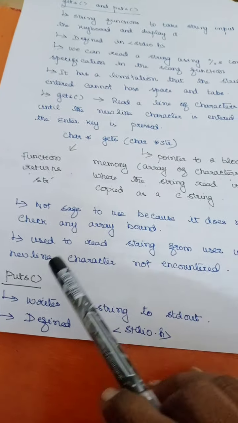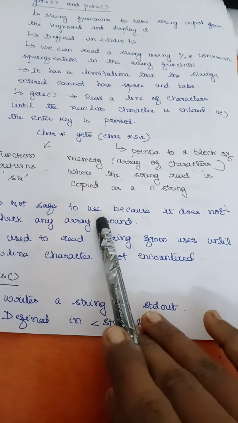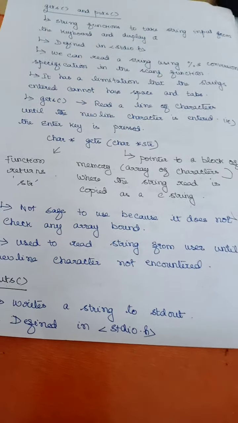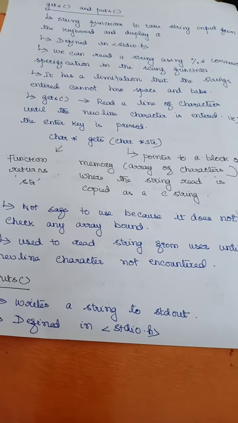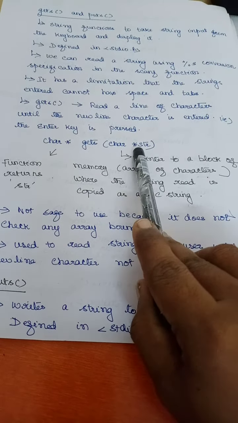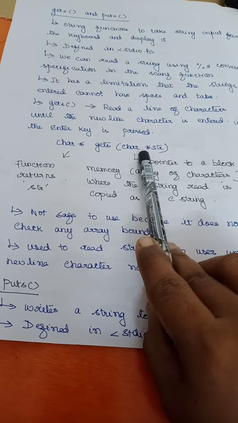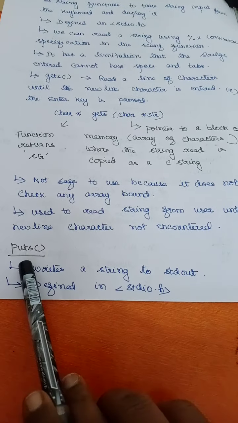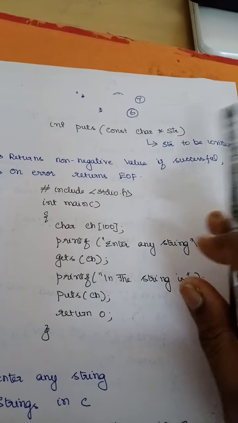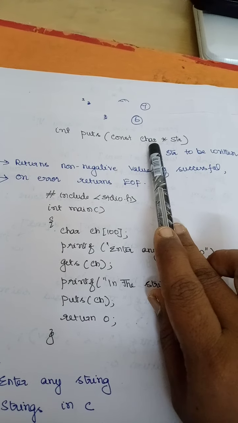And it will not check for any bound. Whatever is there in the input, it will read the entire thing. So you need to specify the array carefully when you give it as an argument, right? Similarly, puts is going to write the entire array onto the output screen.